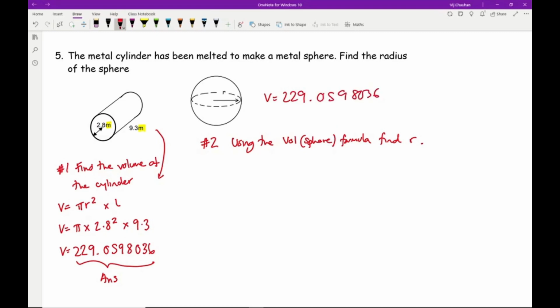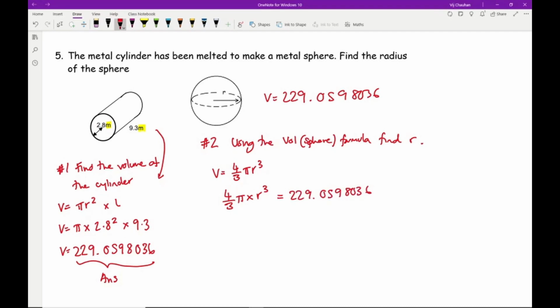The volume of a sphere is 4/3 pi r cubed, which hopefully we know now. So here I've got 4/3 pi times r cubed equals 229.0598036. Now I need to get r by itself.